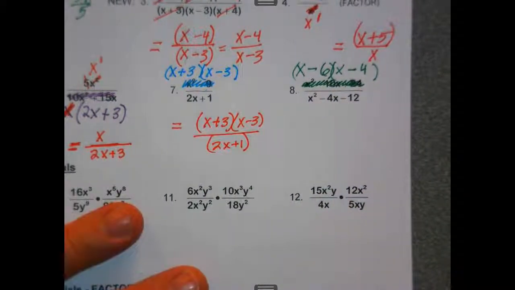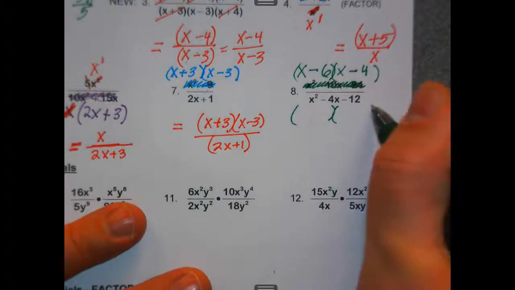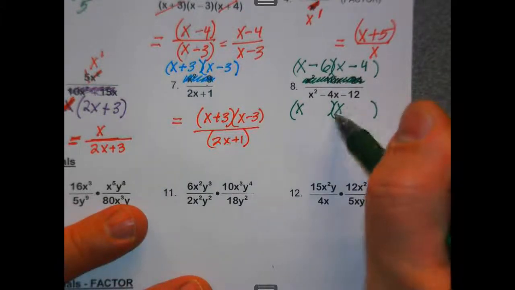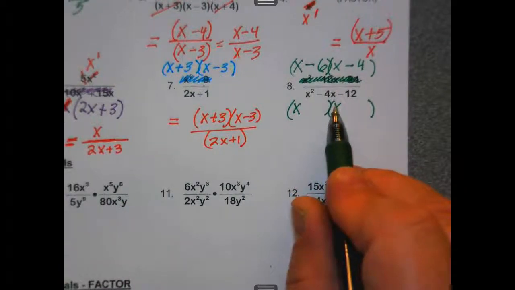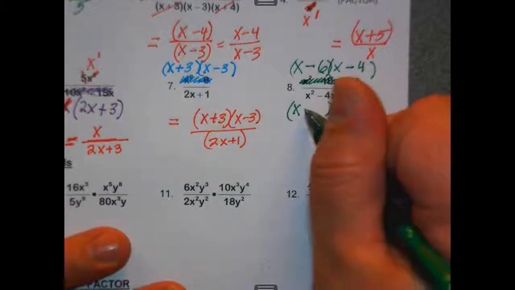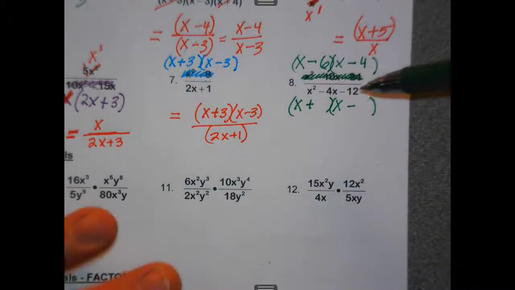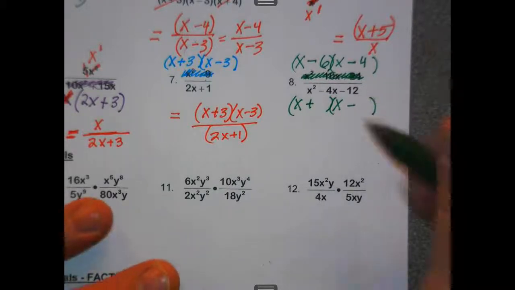Okay, factor the denominator. Isn't this fun? More funner? Okay, x times x. Yep, one's positive, one's negative. That means we're going to be subtracting the factors as well. 6 and 2.